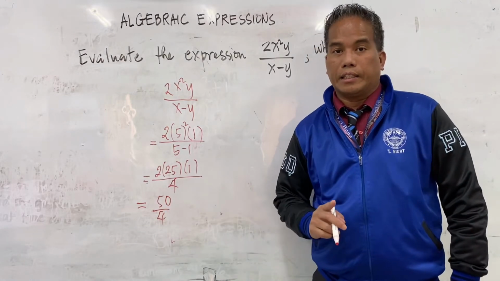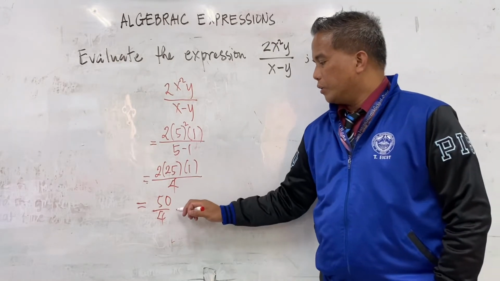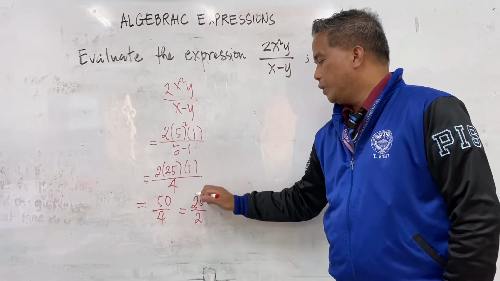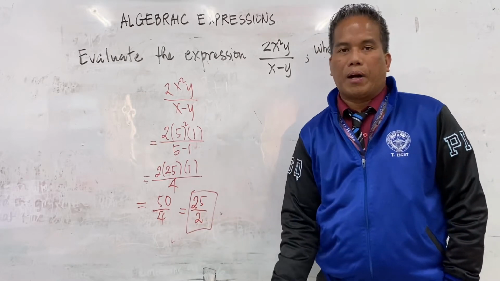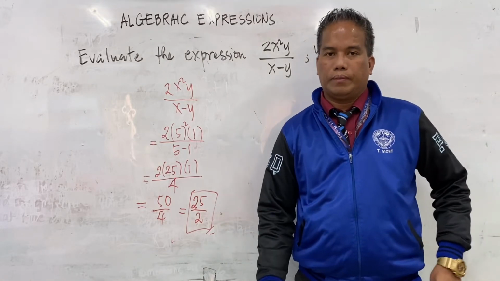Then, since this is a fraction, always reduce it to simplest form or lowest terms. So this is equal to 25 over 2. So just leave your answer as an improper fraction. So this will be your final answer, 25 over 2.